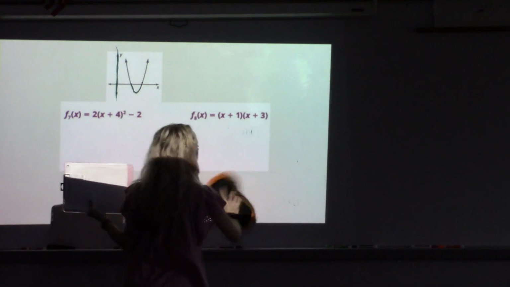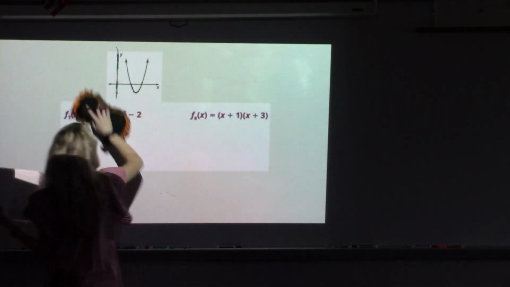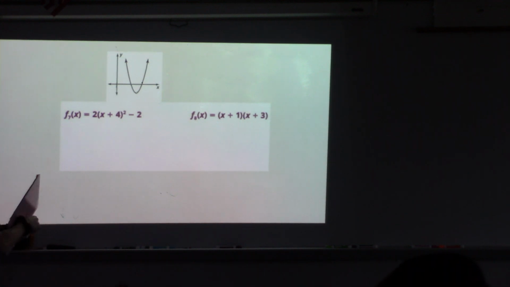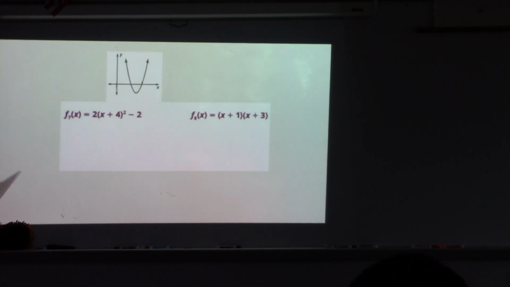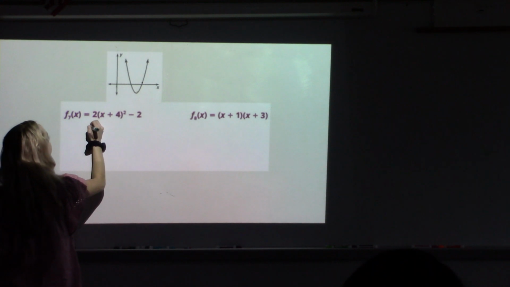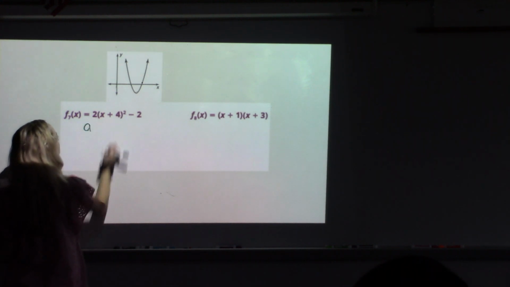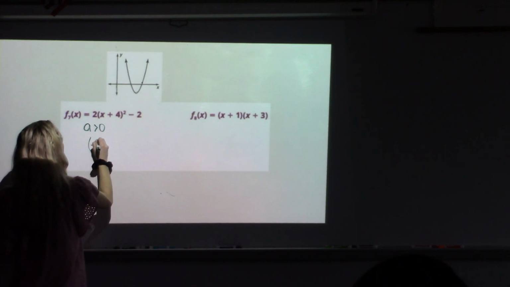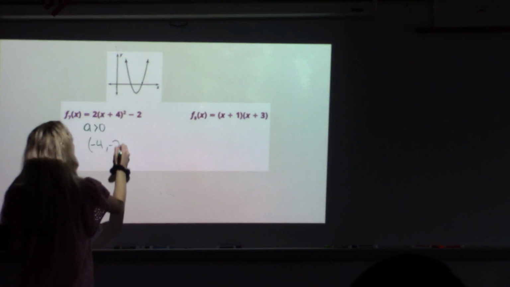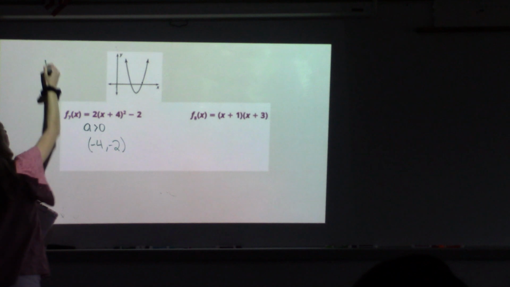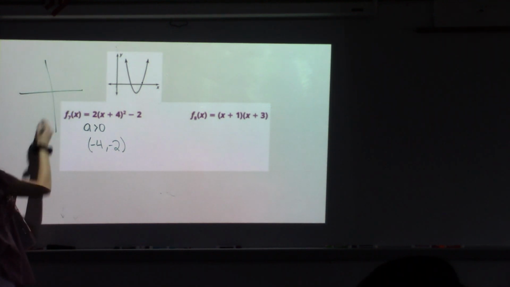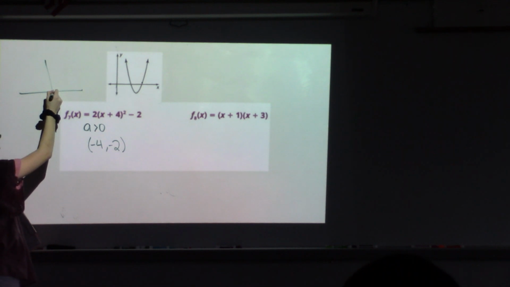Okay, so what about number 7? What form is that one written in? Function 7. Okay, so that concavity's up. Why wouldn't this one work? It would work? What are the coordinates of the vertex? -4, -2. Okay, so -4, -2. So -4, am I going to go left or right? Left.